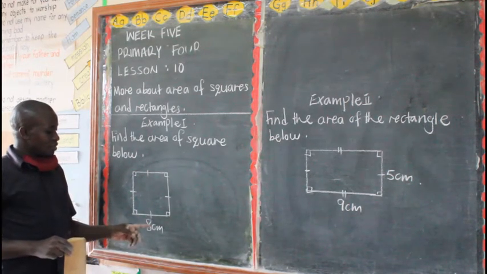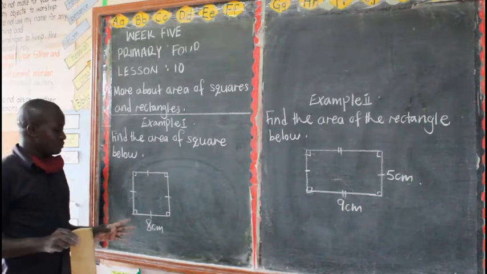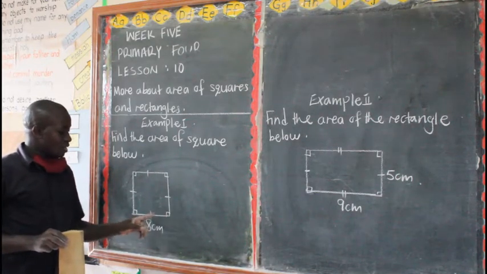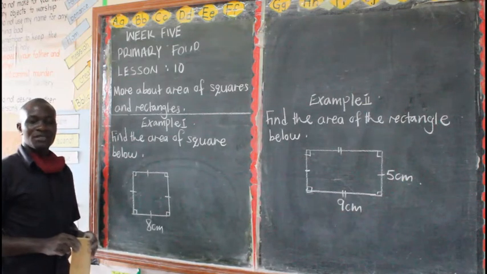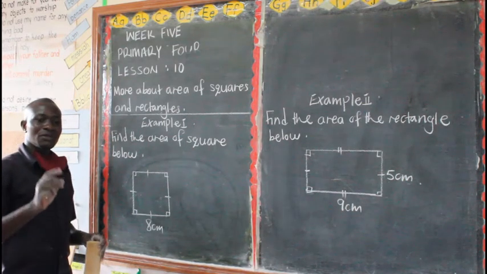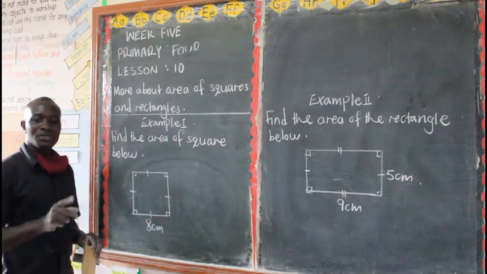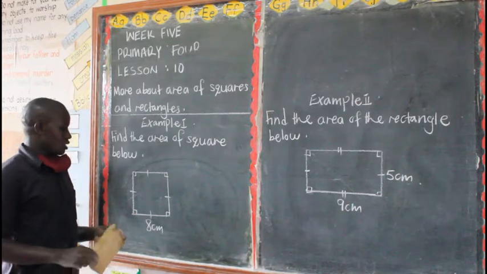This implies that there are 8 small squares here, even here 8 small squares. You can do it in your book practically to see whether what you get is correct.